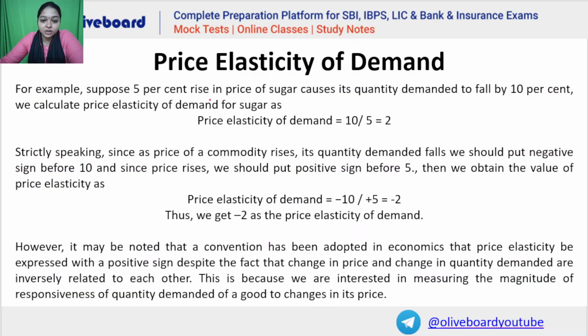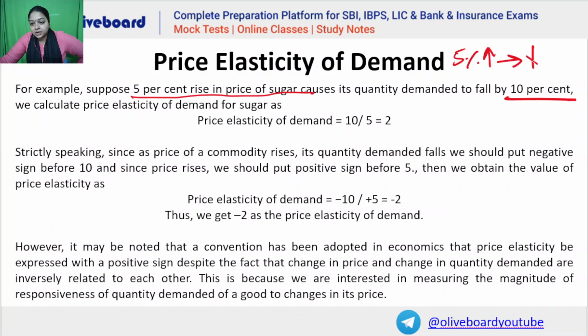For example, let us say there is a 5% rise in the price of sugar. So its quantity demanded fell by 10%. Clear? We know there was a 5% increase in price which led to a 10% decrease in quantity demanded. So now what is the formula?